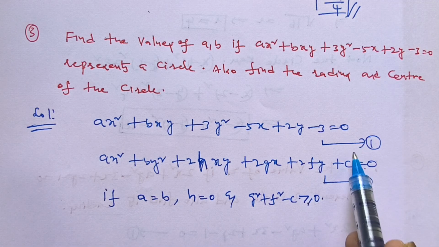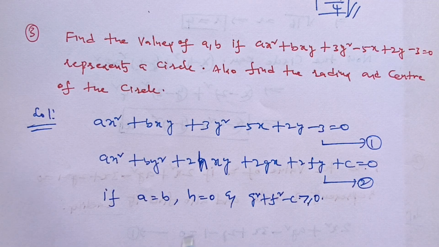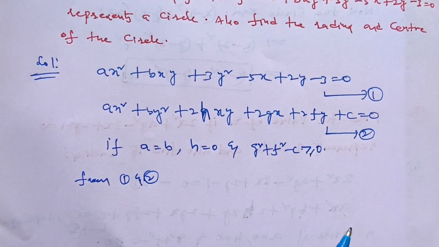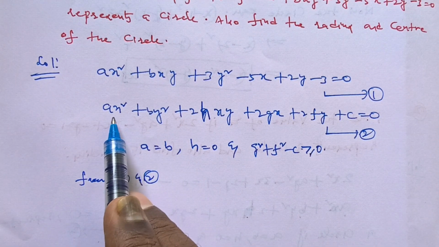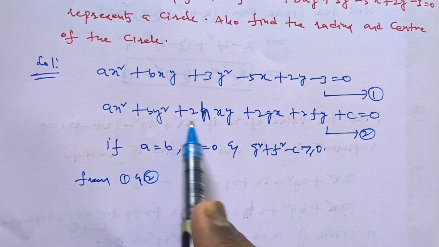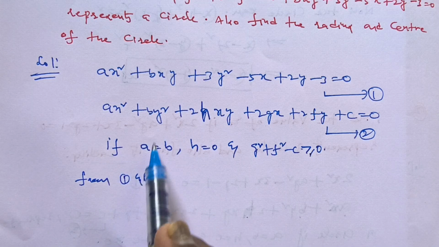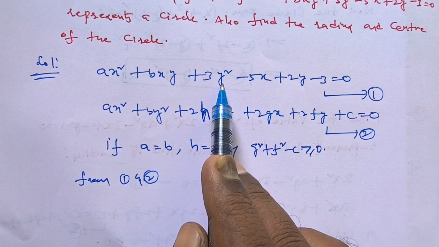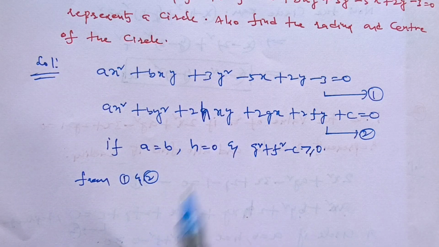So the given equation is in the form of this formula, so we should compare equation 1 and 2 here. From 1 and 2, the coefficient of x square and the coefficient of y square should be equal. Here the coefficient of x square value is a and the coefficient of y square value is 3.